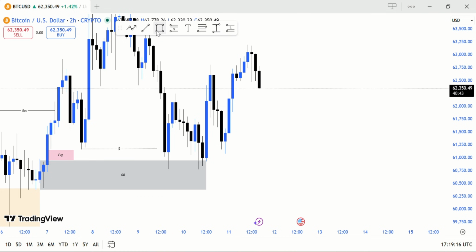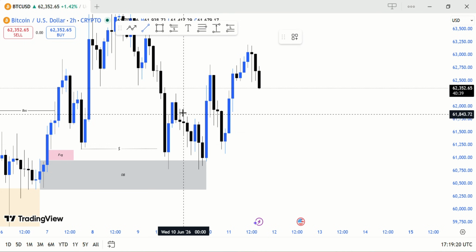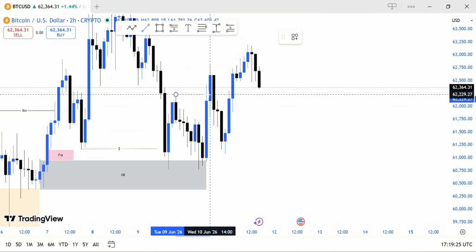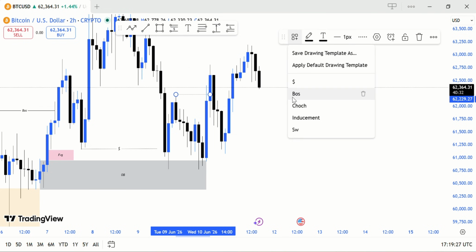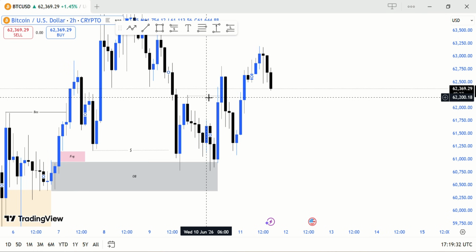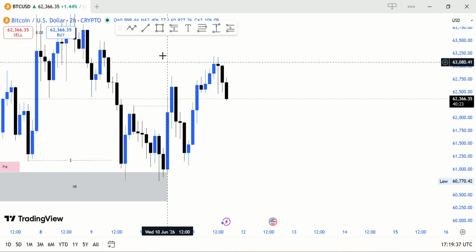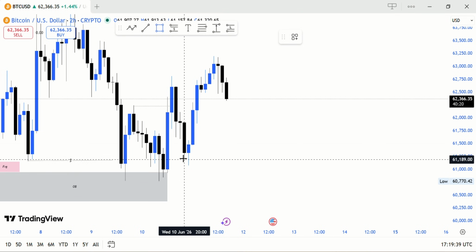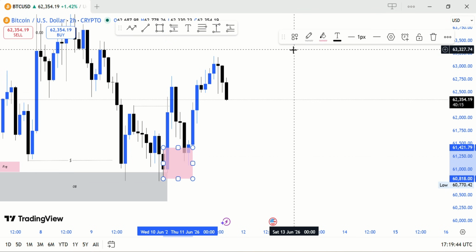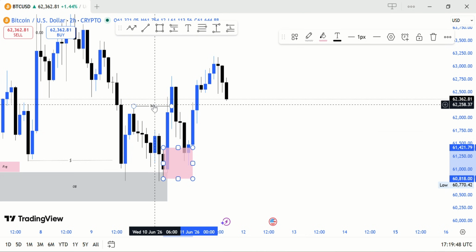So for the second position, I got entry from this point, and then I marked here as my BOS, which market pushed up, and then this was my order block. This was my order block that prompts the movement to the upside.